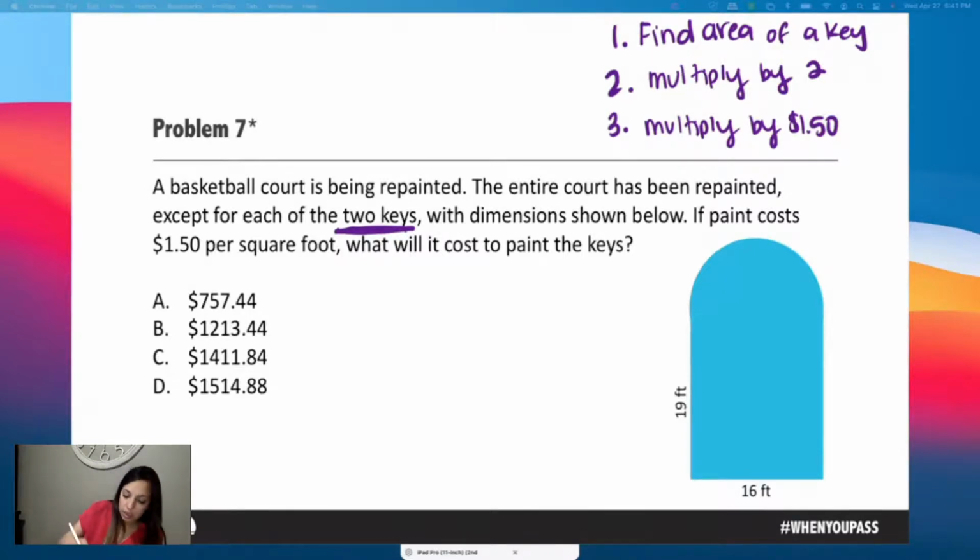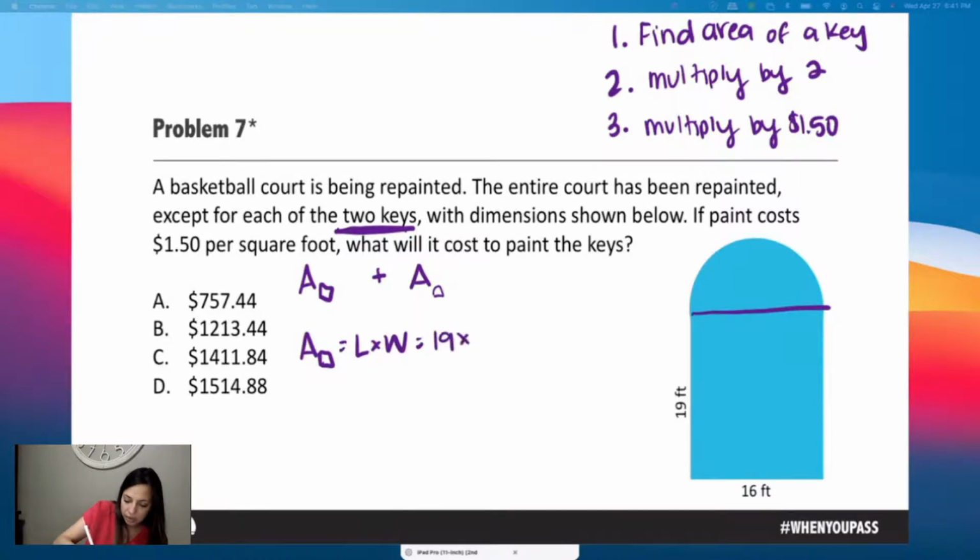So when we look at this and we're going to solve it, we've got a rectangle and we've got a circle. So I'm going to find the area of my rectangle and I'm going to add that to the area of a half circle. Well, area of a rectangle equals length times width. So that's going to be 19 times 16, which equals 304. How do I find area of a circle? Pi r squared.